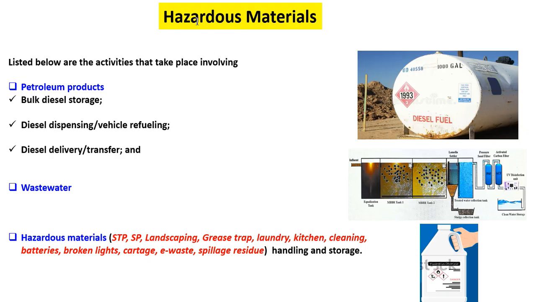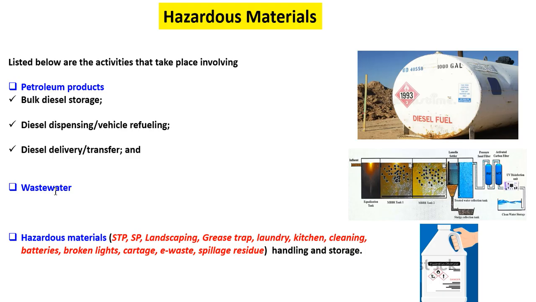Here we have a list of hazardous materials at a construction site, because mostly we have these sorts of hazardous materials. We have diesel, we have a sewage plant, or we have chemicals. In petroleum products, these materials can be bulk diesel storage, diesel dispensing, vehicle refueling, diesel delivery or transfer.